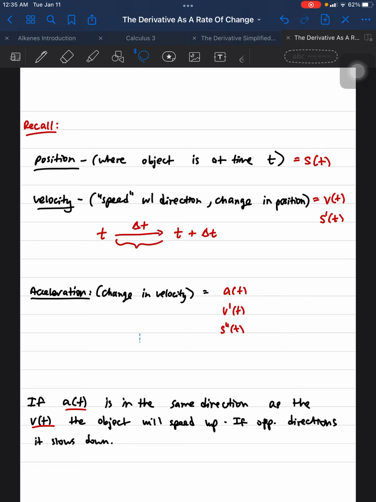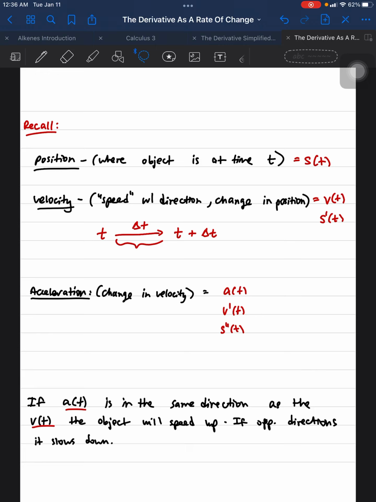That means if at a certain time the acceleration function and the velocity function have not the same values but the same signs, so they're either both positive or both negative, then the object is speeding up.